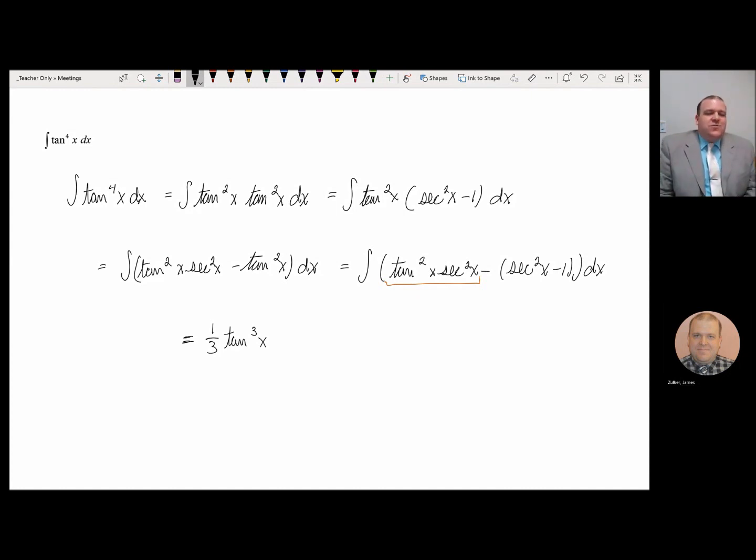What is the antiderivative of secant squared? Tangent. And then, of course, the antiderivative of 1, x. And so there is the antiderivative of tangent to the 4th.